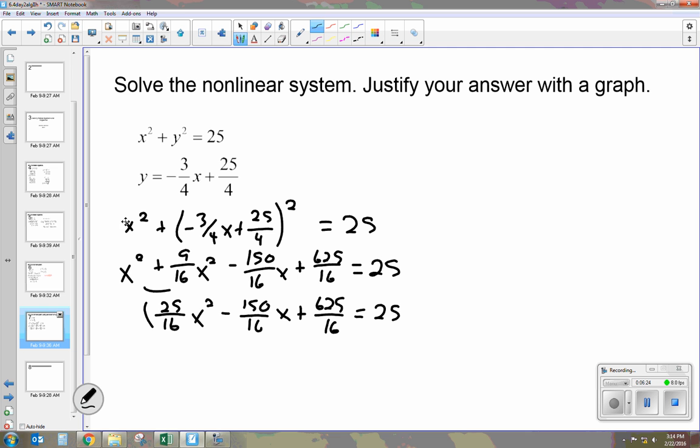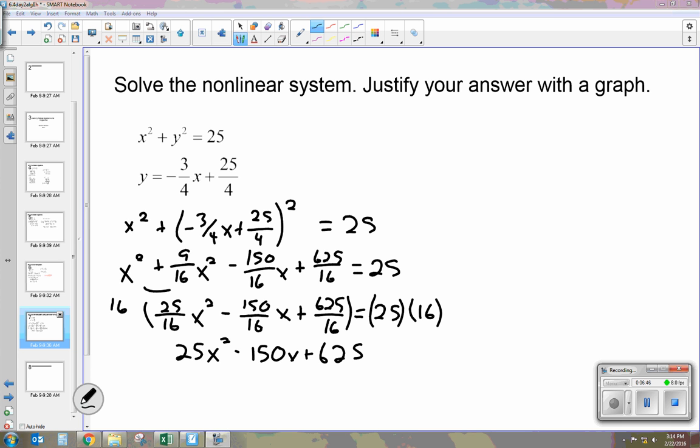We can multiply both sides by 16. So that way we can get rid of our 16s across all of the denominators here. So we have 25x squared minus 150x plus 625 equals 400. We can divide everything by 25 or multiply by 1/25.